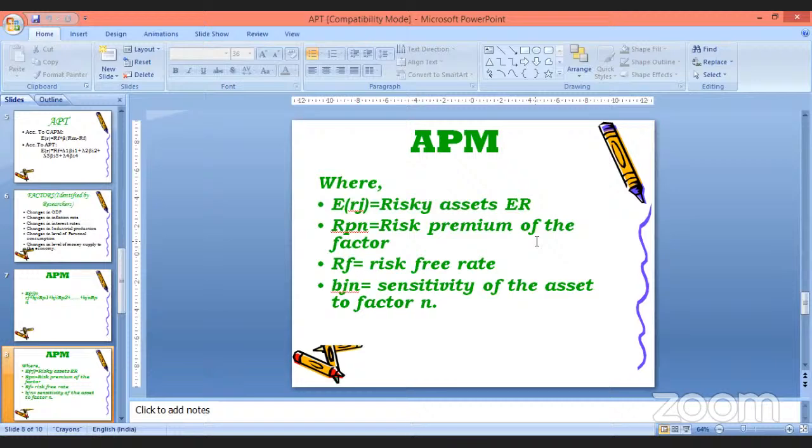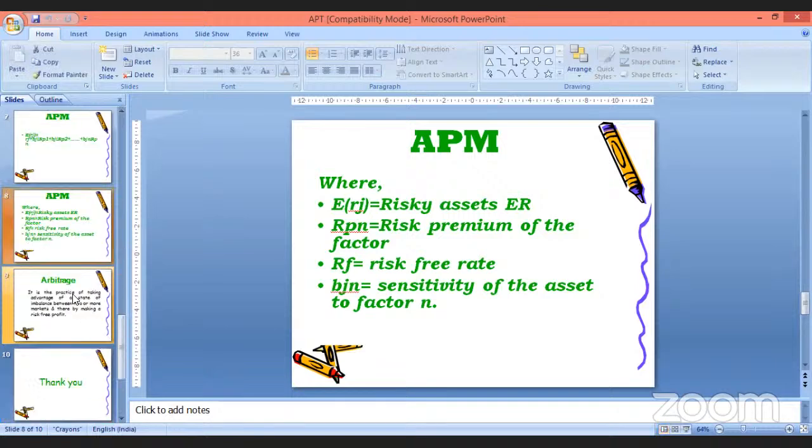So what is the risk coefficient associated with the asset whenever we are taking n number of factors? That means 1 factor, 2 factors, 3 factors, or 4 factors. By considering this, we are able to determine the expected rate of return from the risky assets. Is it clear?